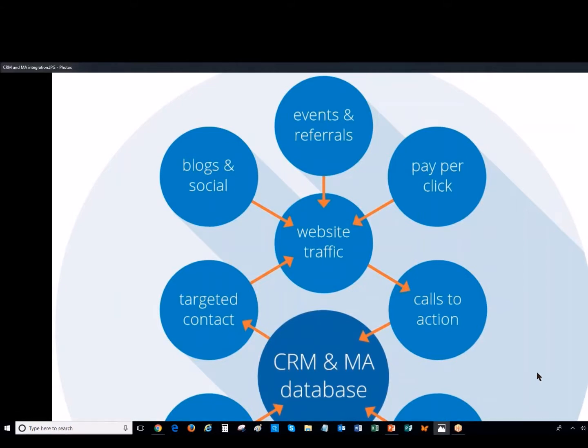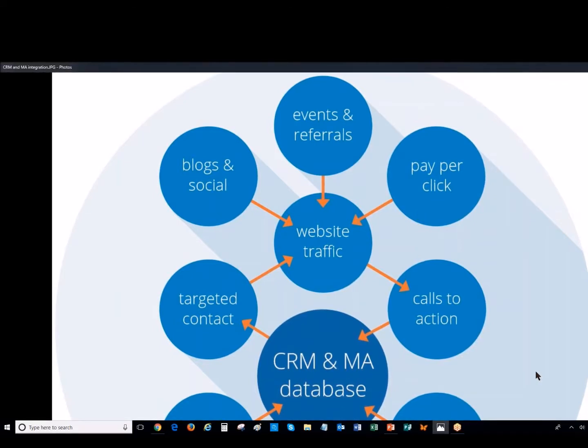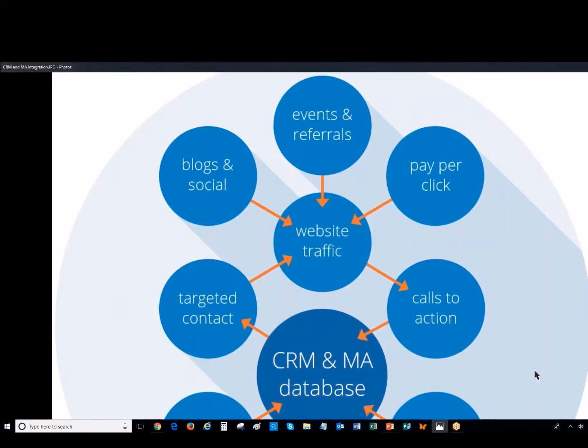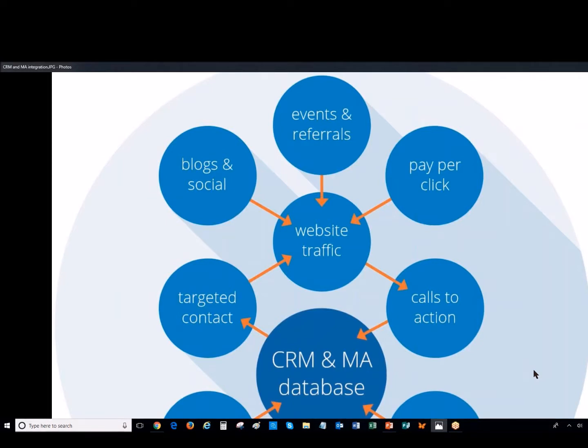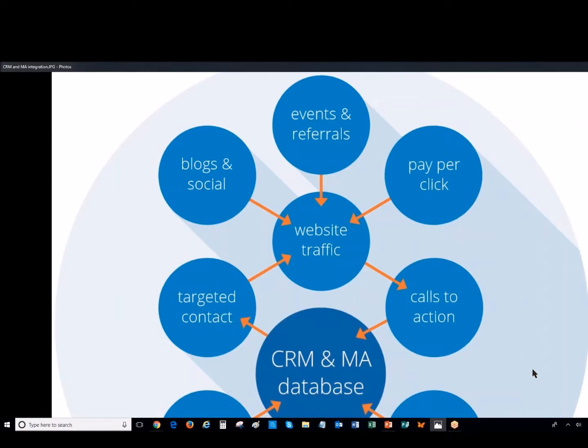Then nurturing programs can kick in and your targeted contact becomes a drip campaign, a nurture campaign, which goes out and encourages people to engage further with you. The objective of the targeted contact being to drive people to further website pages, more content, to start the process of moving an inquirer to the point where they start to build trust and confidence in what you're doing, so that you're moving them along the road to ultimately becoming a customer.